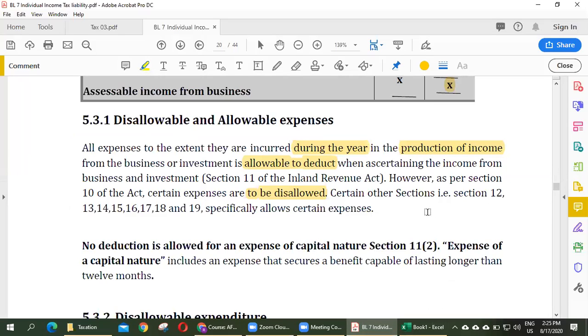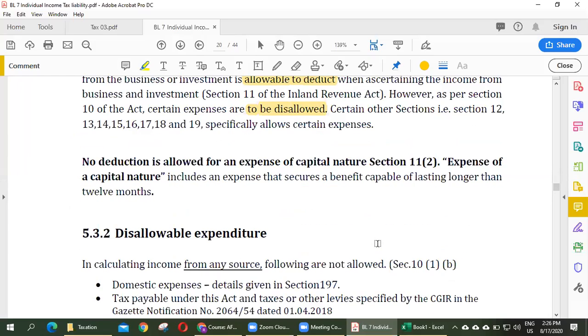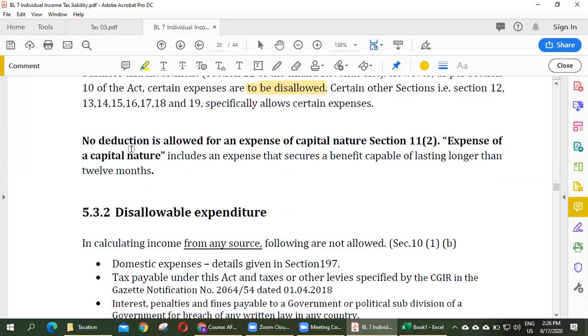Certain other sections, that is section 12, 13, 14, 15, 16, 17, 18, and 19, specifically allow certain expenses. No deduction is allowed for expenses of capital nature. Capital nature means, say you are purchasing a machine. The machine can be used for 5 years, 10 years, so a long period of time.